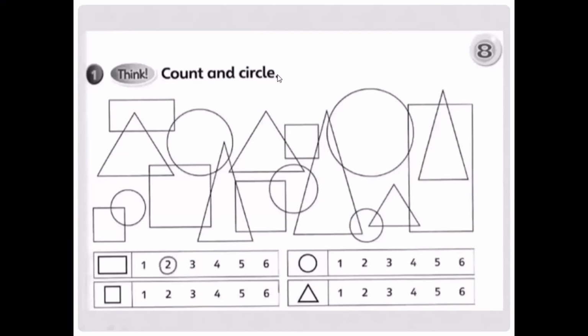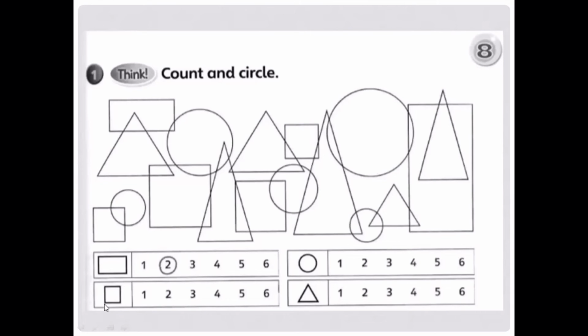Count and circle. Workbook, page 85. For example, here, this is a rectangle. So we have 2. We have this rectangle and this one. So we circle number 2. What about the squares?